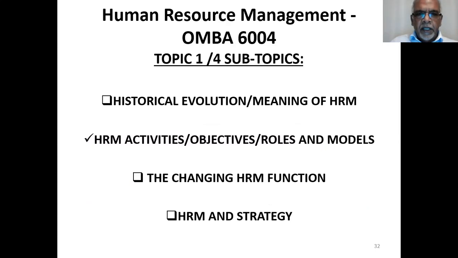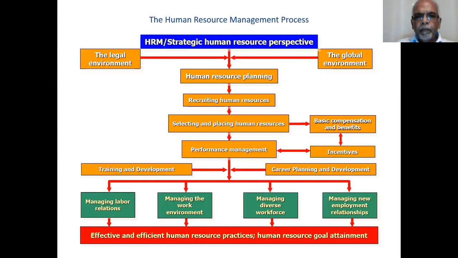Now, let us take a look at the HRM activities, objectives, roles, and models. In this diagram, you have a list of activities which are normally carried out by the HR department.